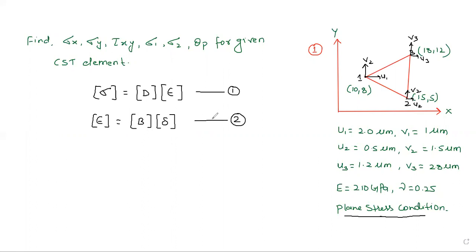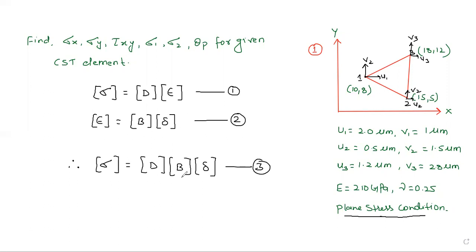Now what I am going to do is replace this epsilon value in equation 1. So finally the stress matrix can be written as D matrix into, in place of epsilon, B matrix into delta matrix. This is equation number 3.